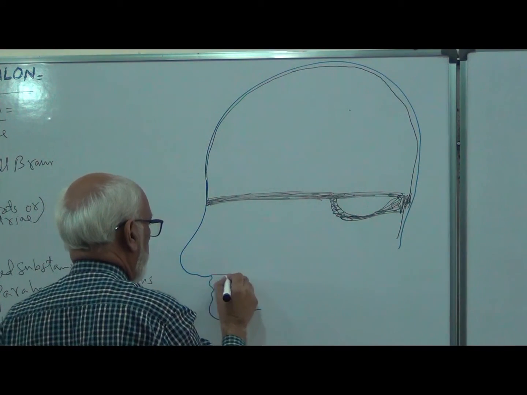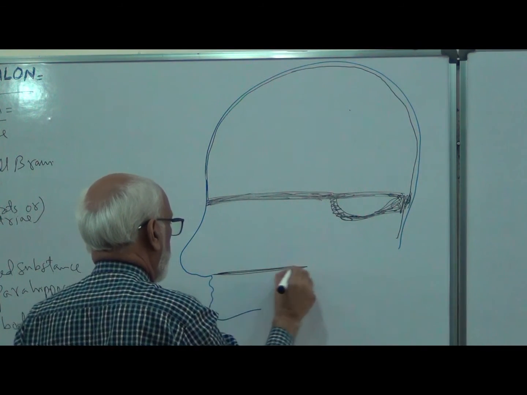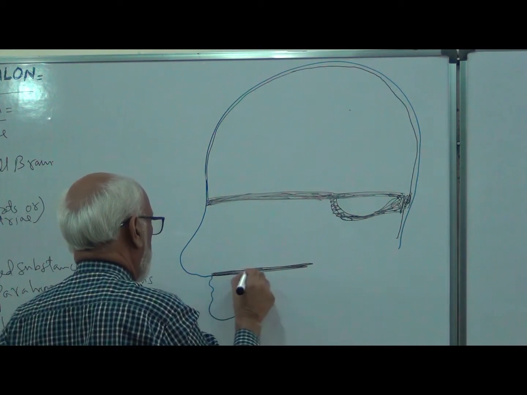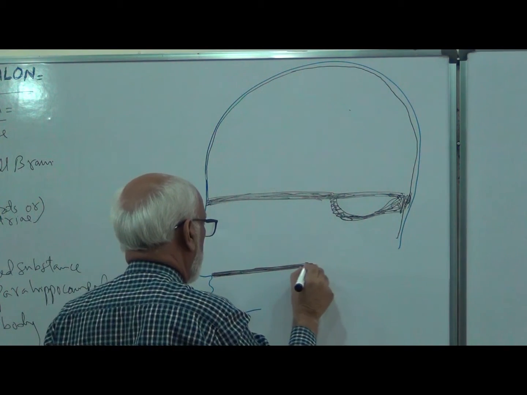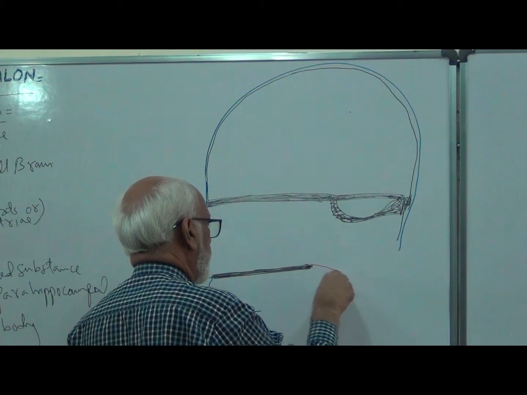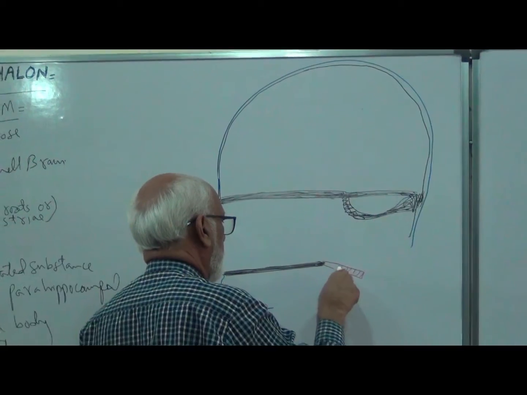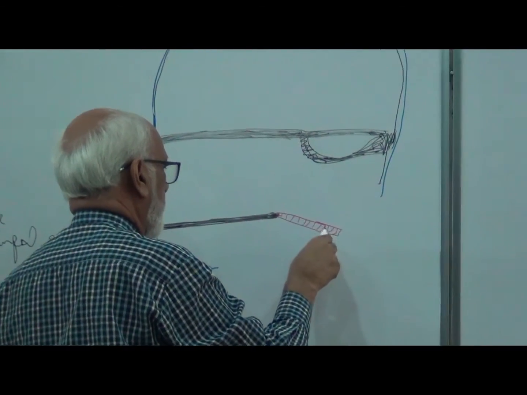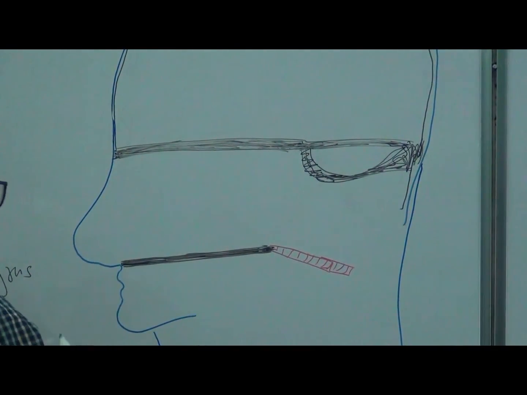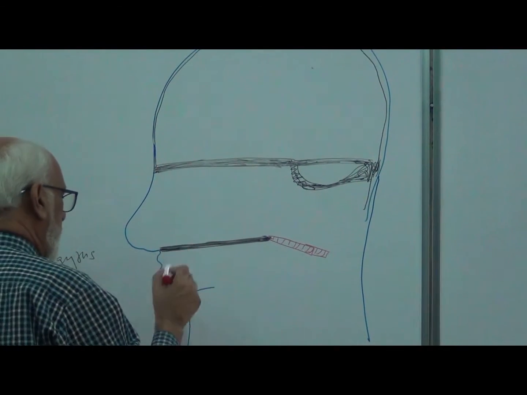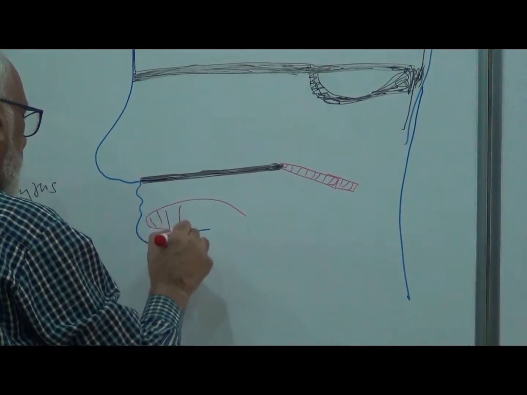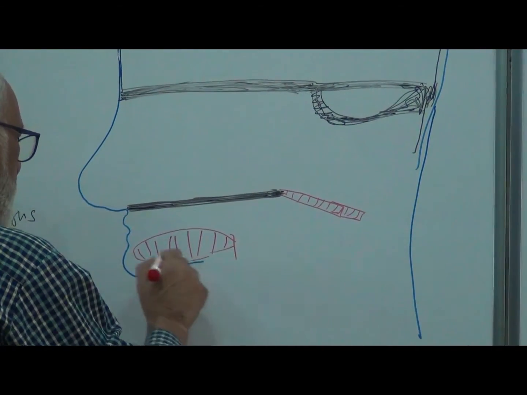Between the nasal cavity and the oral cavity is the palate. This is the hard palate and the soft palate. Below the palate is the oral cavity and its contents: tongue, teeth, etc.